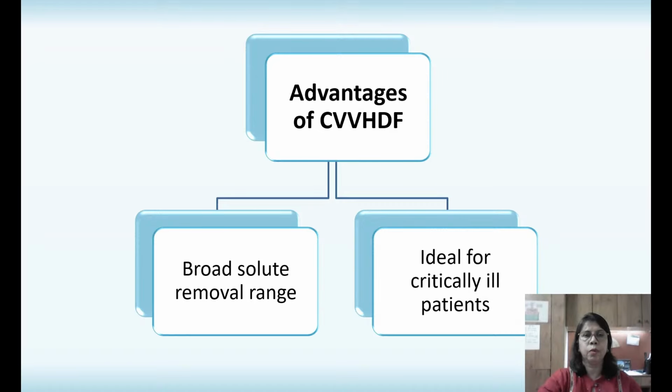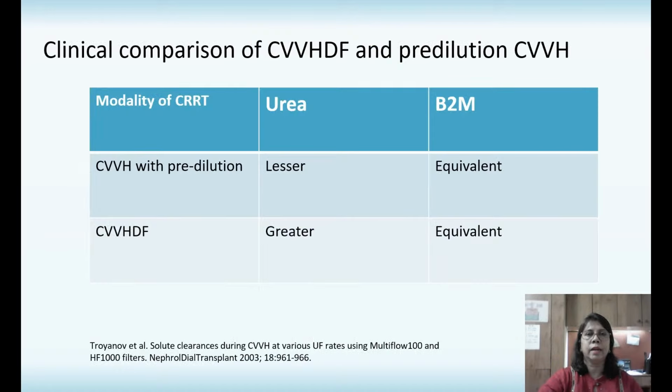CVVHDF is preferred when there is a large amount of mixed molecules to be removed, that is smaller molecules as well as large sized molecules. Also, very critically ill patients which are hemodynamically unstable will fare better with a combination of hemodialysis and CVVH. In this study conducted by Troyanov et al., there is a comparison of the clearance rates of urea, which is a small molecule, and beta-2 microglobulin, which is a large molecule, using CVVH with pre-dilution and CVVHDF.